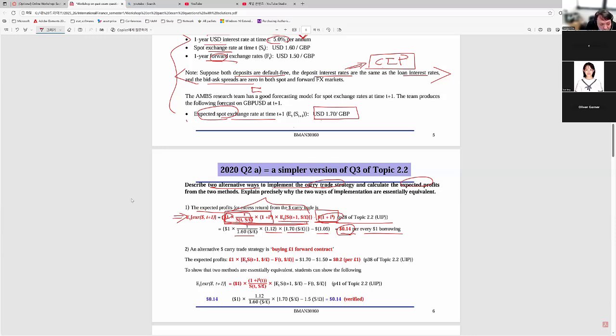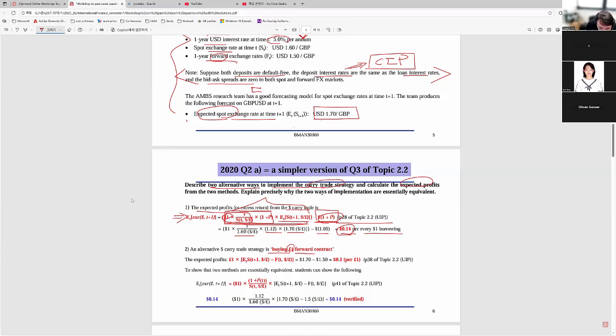An alternative dollar carry trade strategy is buying high interest rate currency forward. So you're not gonna borrow or anything today. You're gonna just buy high interest rate currency forward, which is the pound forward. So we're gonna think about buying £1 forward just for normalization. So what is the expected profit from buying a £1 forward contract?